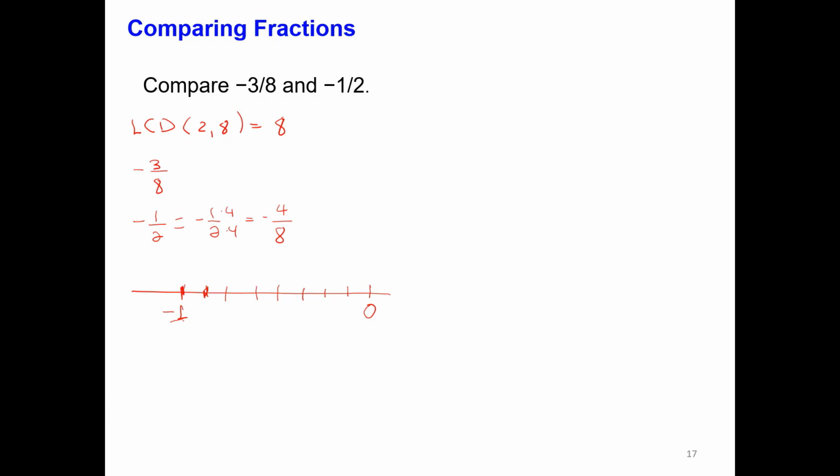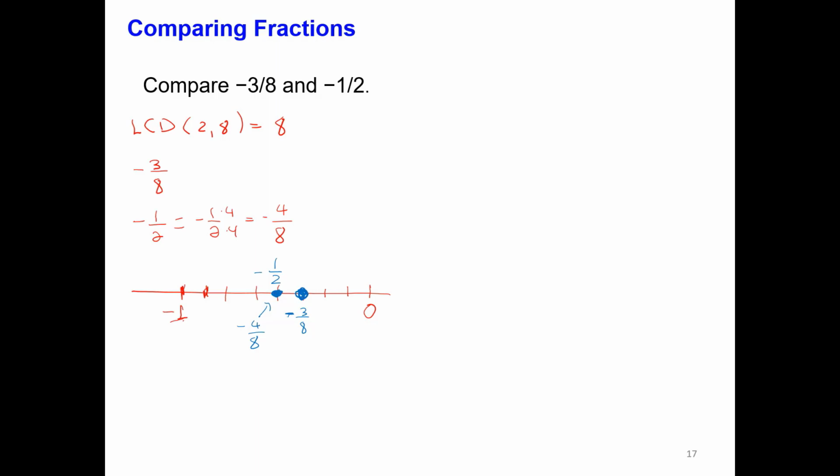The next thing is we want to graph these numbers. Here is 0, negative 1 over 8, negative 2 over 8, negative 3 over 8. We had here negative 3 over 8 will be here. The other one is negative 4 over 8. Then it's just here. Negative 4 over 8, and we know this one is the same as negative 1 over 2.